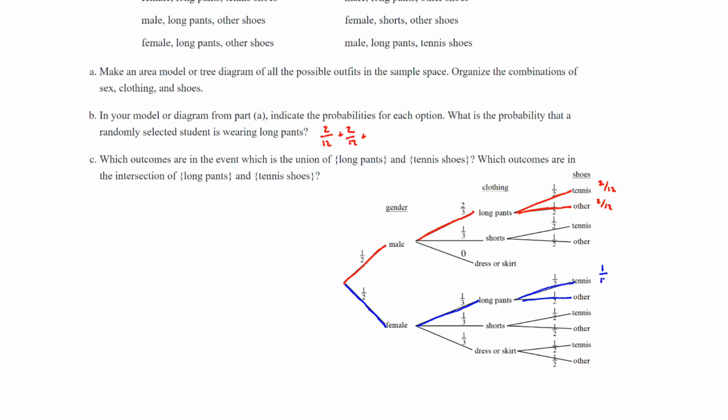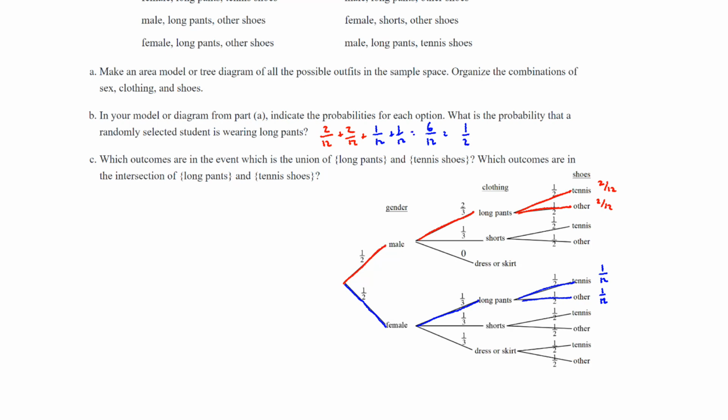That's 1/12. And the same thing happens for the next one. We get 1/12. So therefore we add those together, and that would get us a total of 6/12 or 1/2. So that's the probability of the students that are wearing long pants.